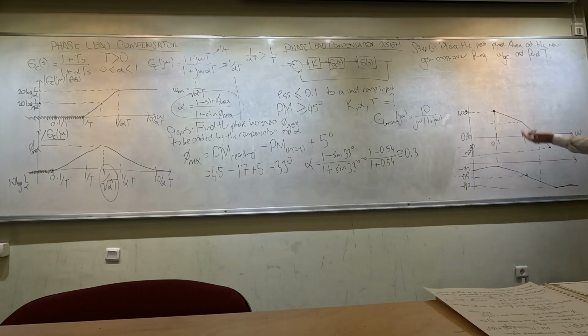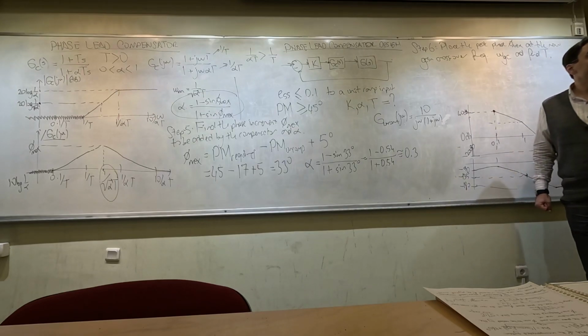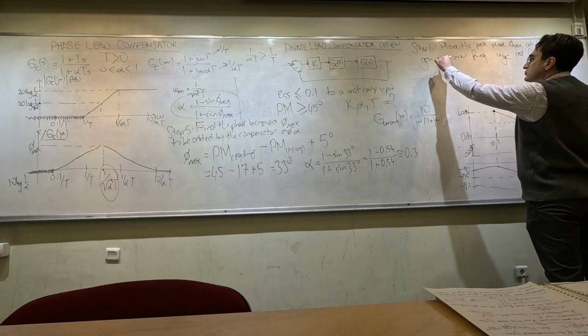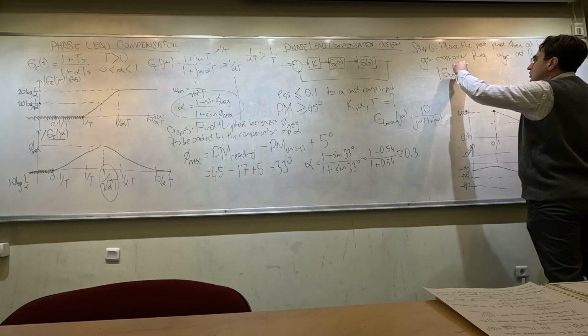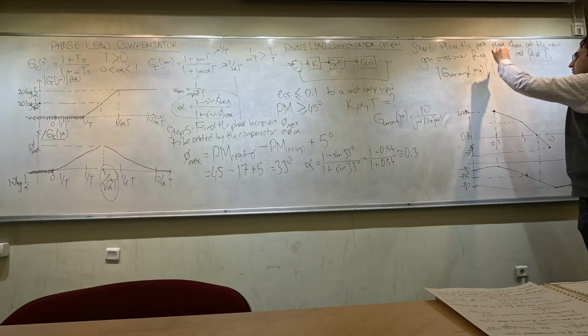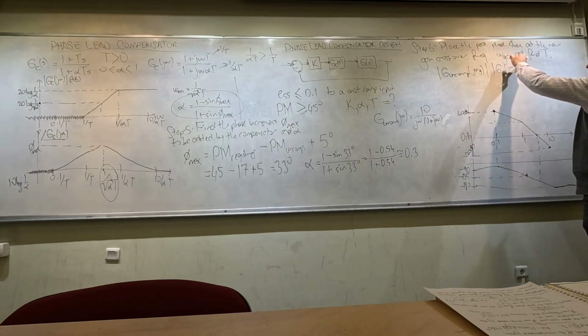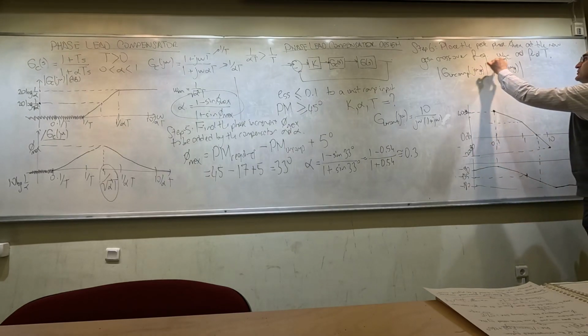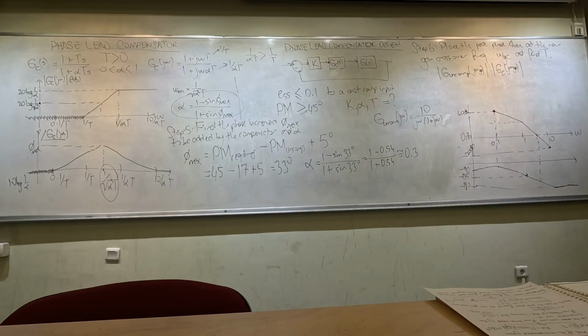At the new gain crossover frequency, what is our condition? Our condition is that the magnitude of G uncompensated of j omega G times GC of j omega G, the multiplication of these two quantities at the new gain crossover frequency, should be 1.